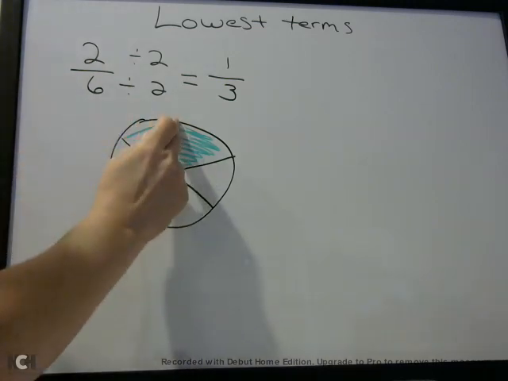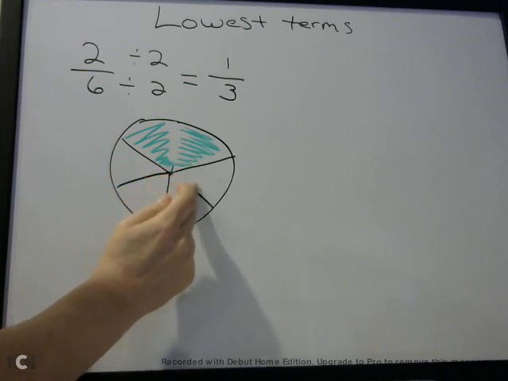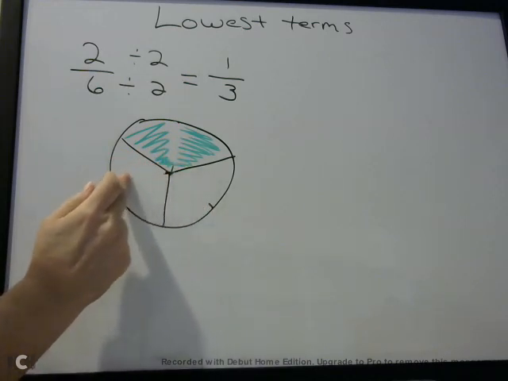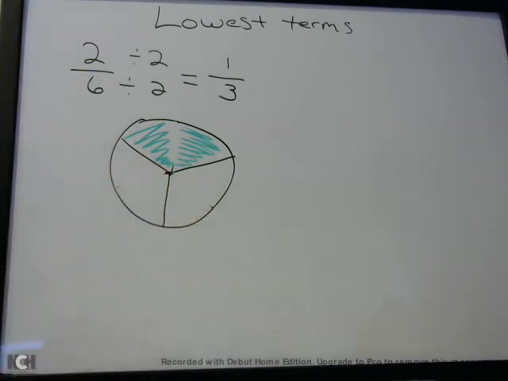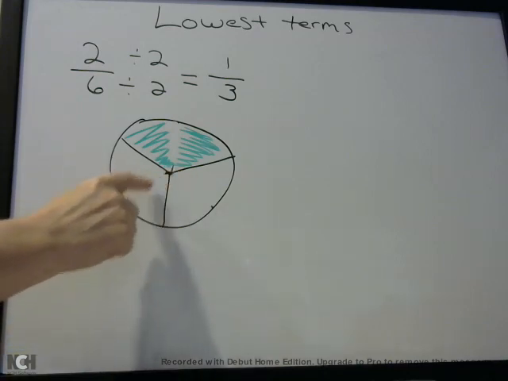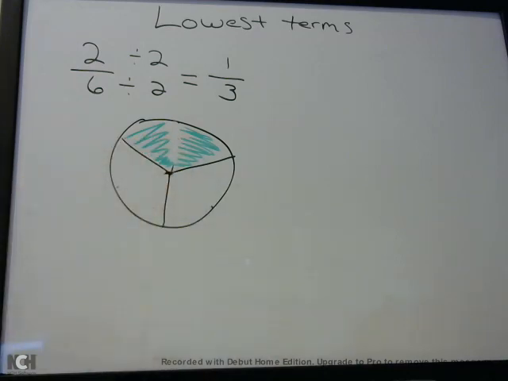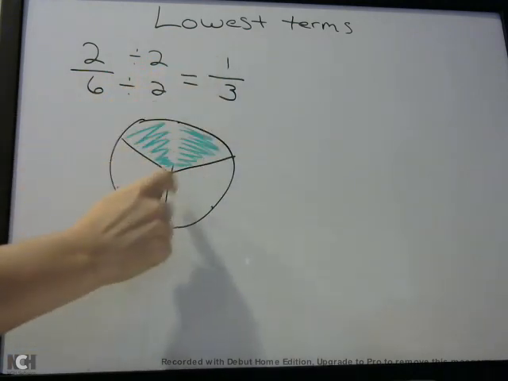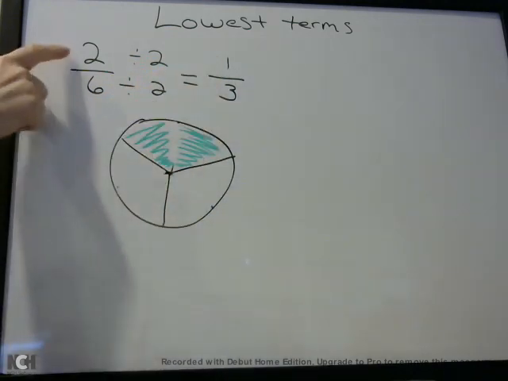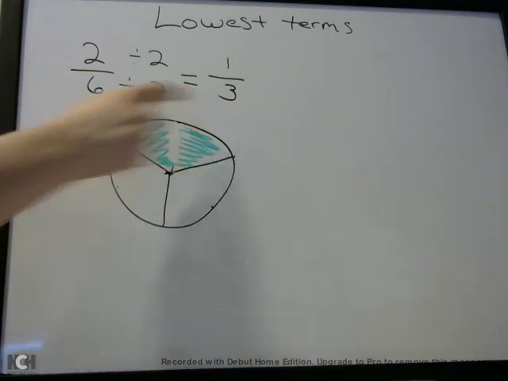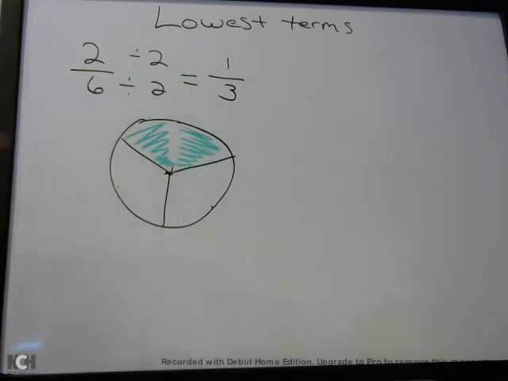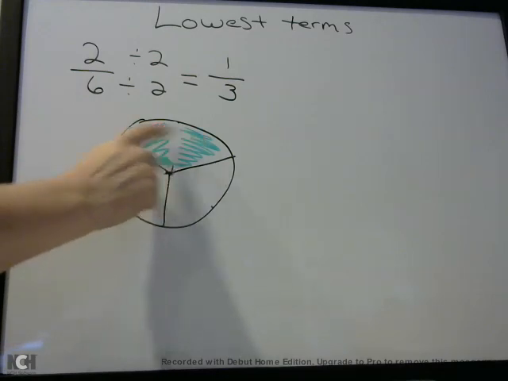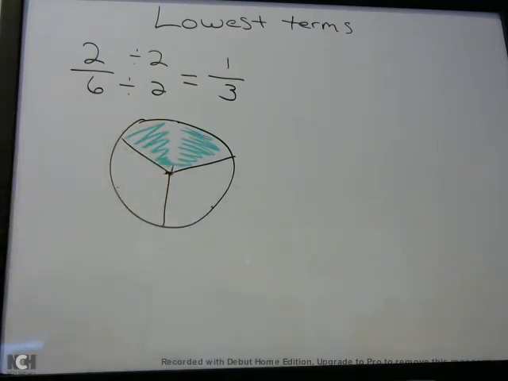Now let's take these lines out. So now we only have 3 pieces of the pie, and one of them is colored in. So now it's 1/3. So 2/6 is really the same as 1/3, right? We didn't color in any more spots on the pie.